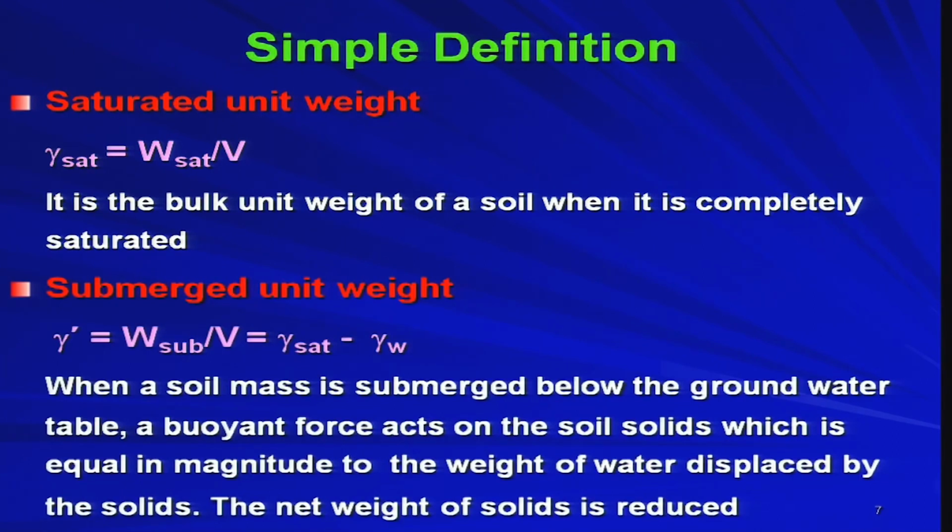Then submerged unit weight. Now, why do we need this submerged unit weight? Suppose you consider the water table, which you need to know for any kind of tube well or well construction.